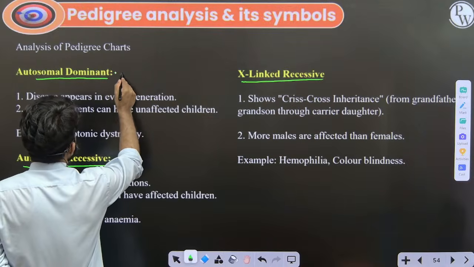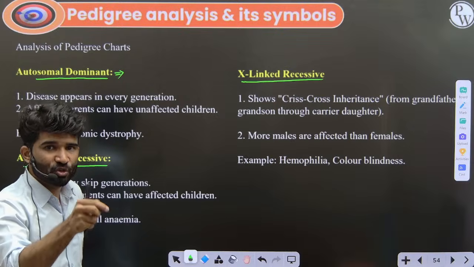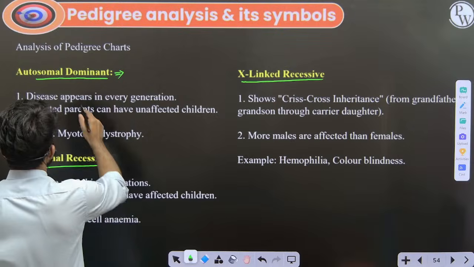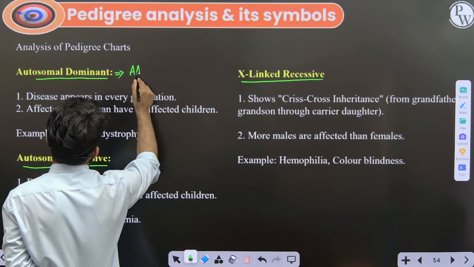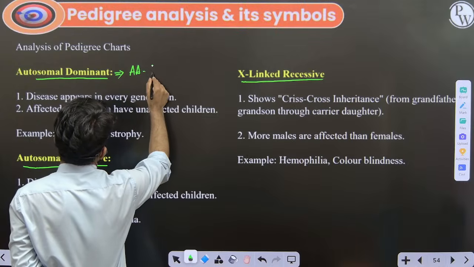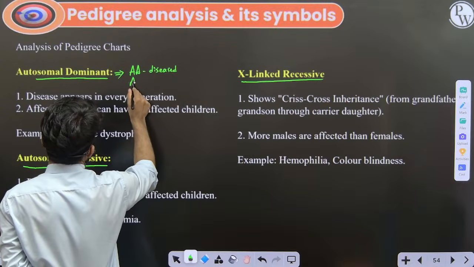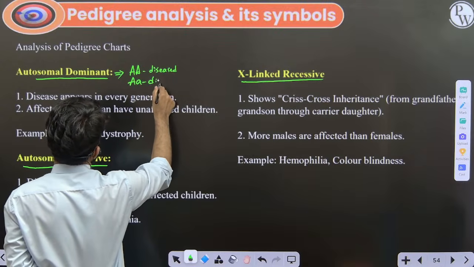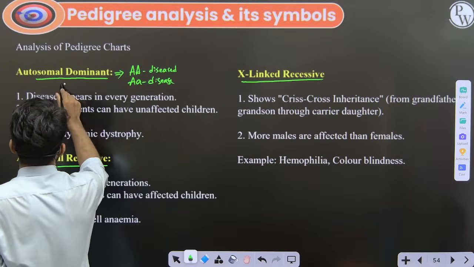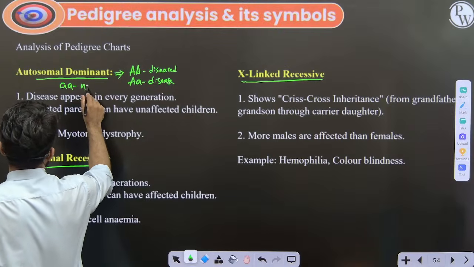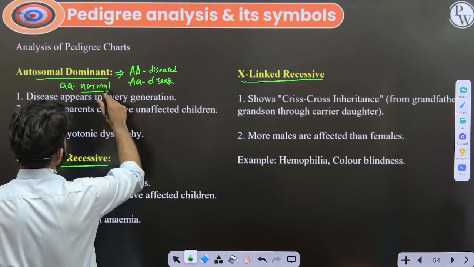In an autosomal dominant disease, if the individual is affected, the individual possesses a dominant gene. If it possesses even one dominant gene, then it is diseased. If it consists of recessive genes, then it is normal. Those types of diseases are called autosomal dominant.